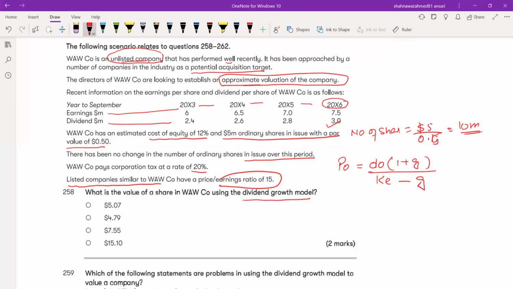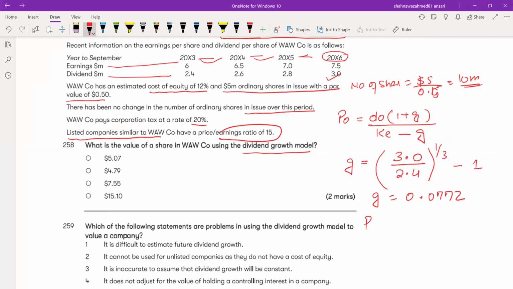So we need to find the growth rate, and we can find it from the current dividend of 3 and the previous dividend of 2.4, over 3 years: 3 divided by 2.4, to the power of 1 over 3, minus 1. As a result, we have the growth rate.